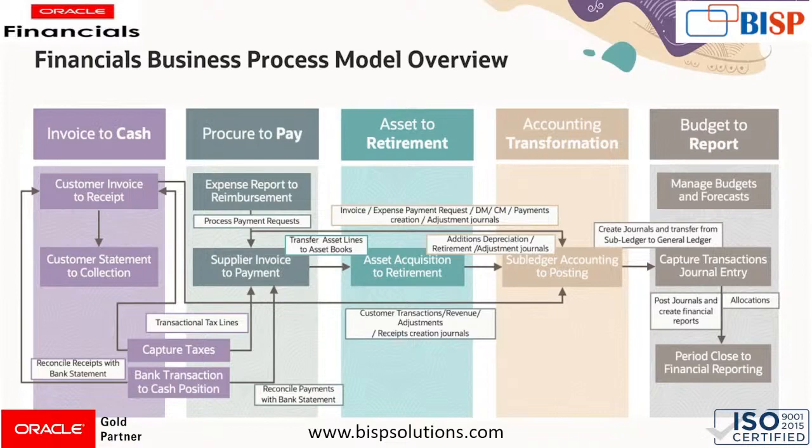After validating the invoice, we create accounting, and after creating accounting we transfer the asset line to the asset book through the mass addition process.